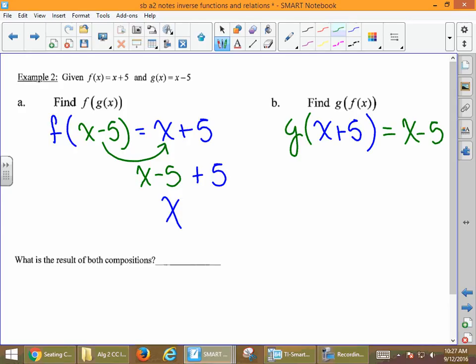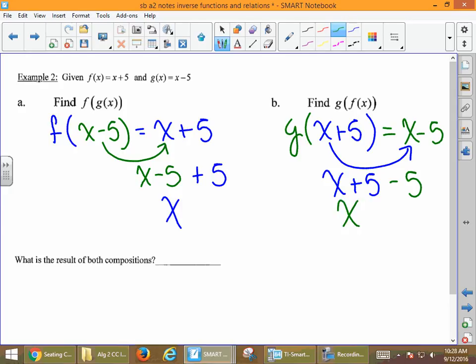So we take this value of x plus 5 and put it back in here for the x. So we end up with x plus 5, replacing that green x, minus 5. And what does x plus 5 minus 5 equal? Anybody? It equals x.